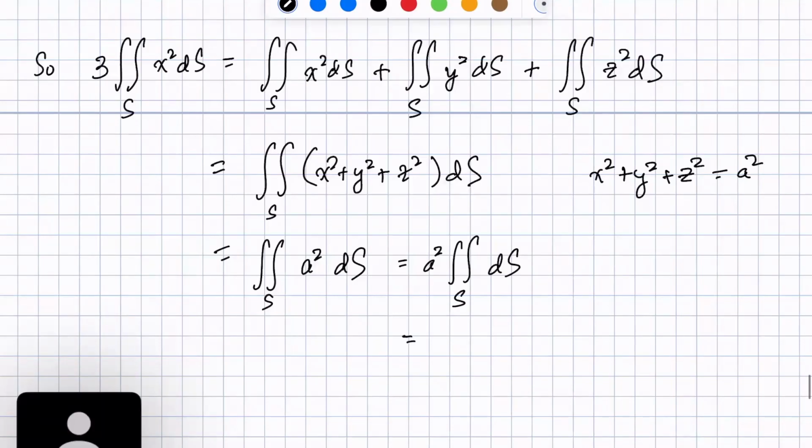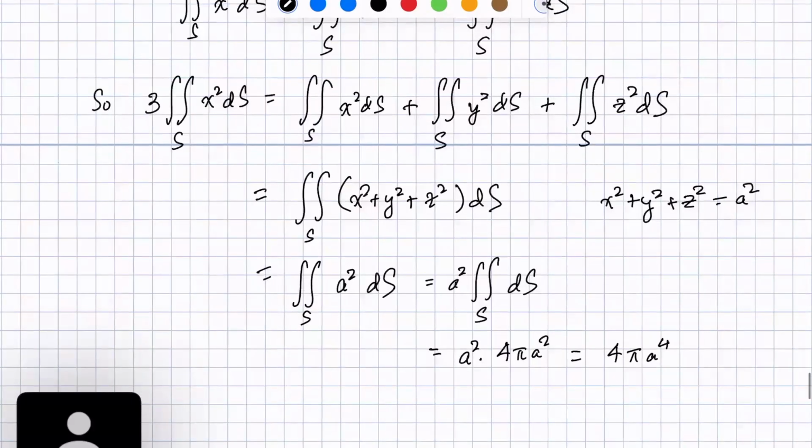And what is this object right here? This object is just the surface area. So the surface area of a sphere of radius a is 4 pi a squared. And so my final answer is 4 pi a to the fourth. Now, we're not quite done yet because we had three of these. And so my final answer is x squared dS is equal to 4/3 pi a to the fourth.